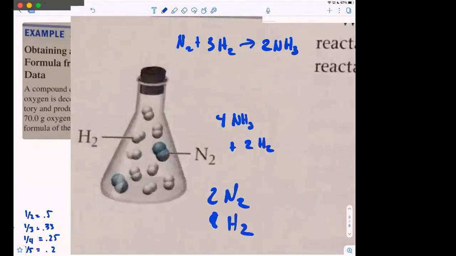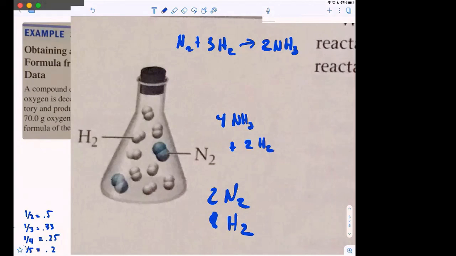Let's assume now that the nitrogen is the limiting reagent. To figure this out, well, actually, for this one, we don't have the right number of hydrogens, so it's going to be even easier. I'll explain this a little more later, but the limiting reagent in this case is nitrogen. Just because we have such small numbers, this is the only way it's going to be divisible by anything.